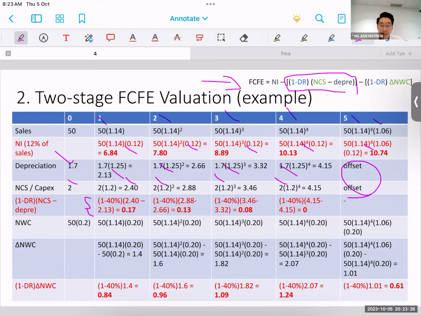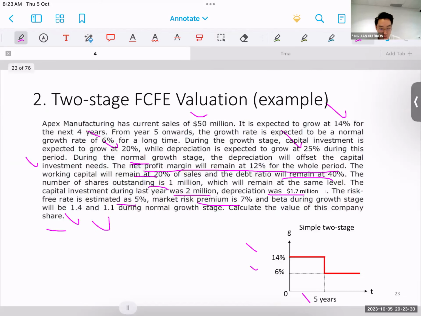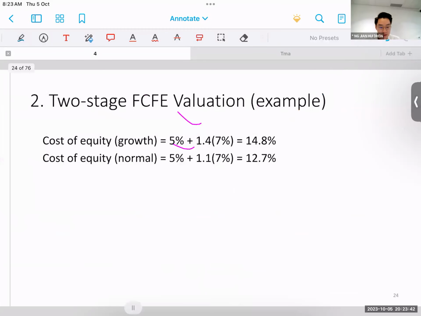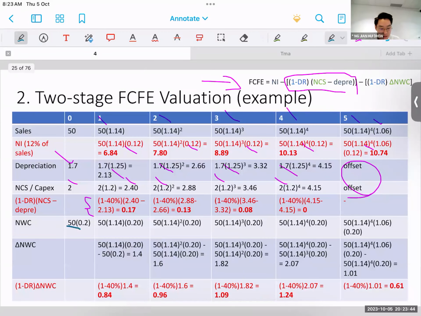The net working capital is 20% of sales. Let me quickly show this to you. Here, it remains 20% of sales, all the way.